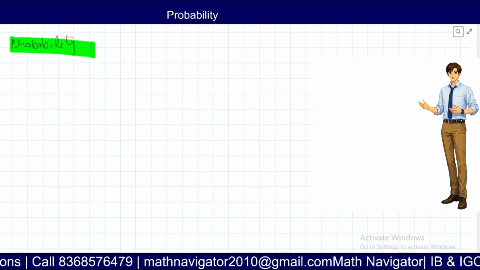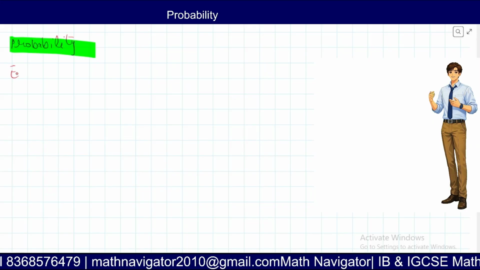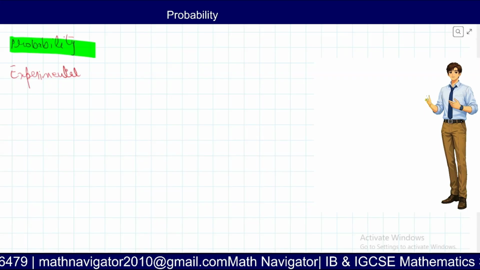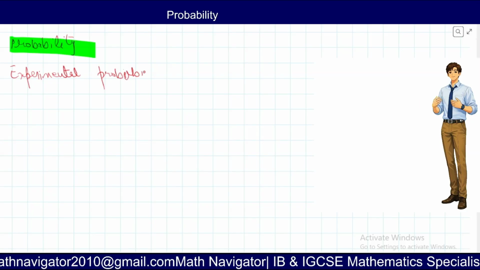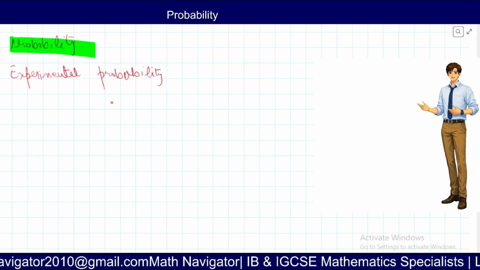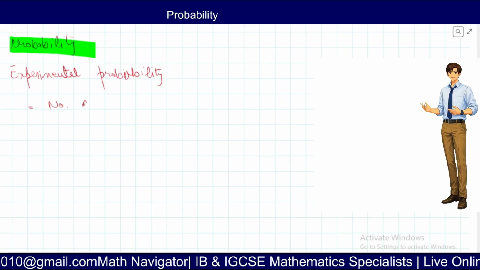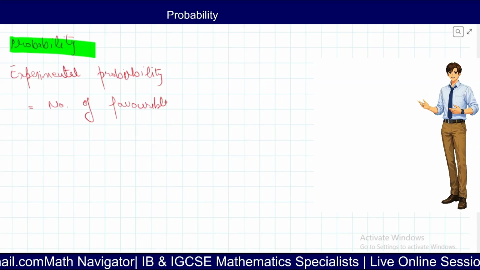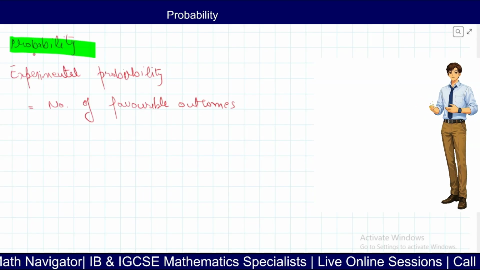Basically what happens, experimental probability can be defined as the number of favorable outcomes over total outcomes.